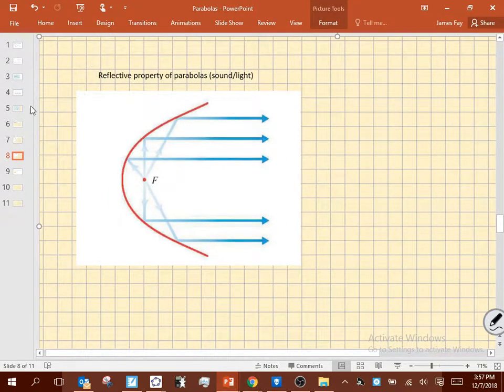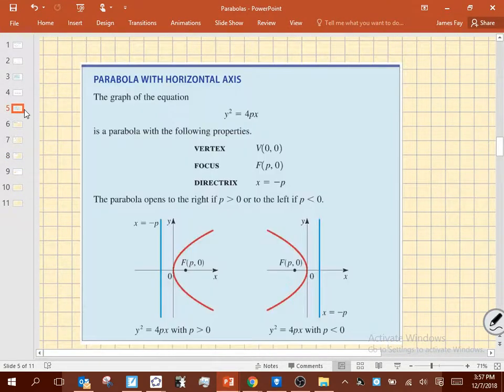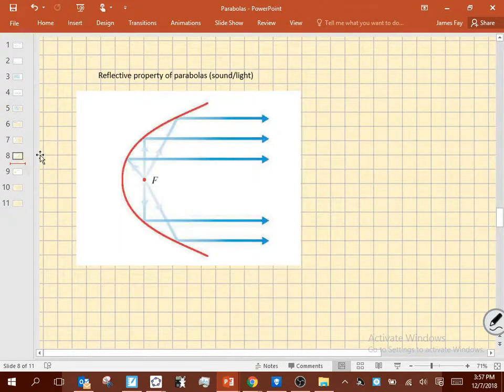The parabola, and a lot of our conic sections, have these types of properties. We call it the reflective property of a parabola. And this is mainly with sound and light. If you were to go to your car and look at your headlight, not the lens, but the concave reflective surface, it's going to be parabolic. It's going to be called a parabolic bowl.